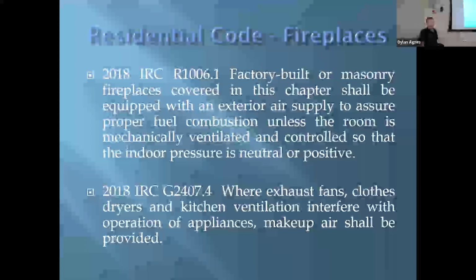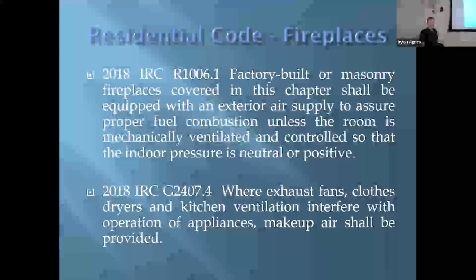That sounds like a really simple statement, but I can tell you from experience, and I've tested hundreds of homes, I've never found a house to be neutral or positive. Under natural conditions, it just doesn't happen. I'll show you why, but every house that I've ever tested was negative, though it does vary in degrees.